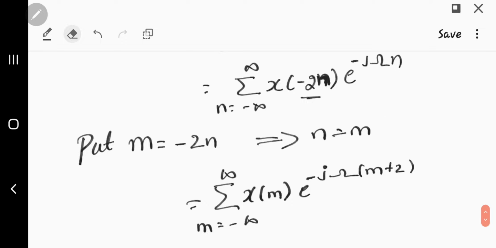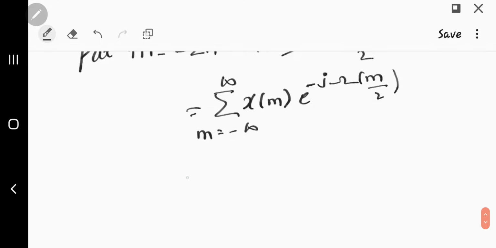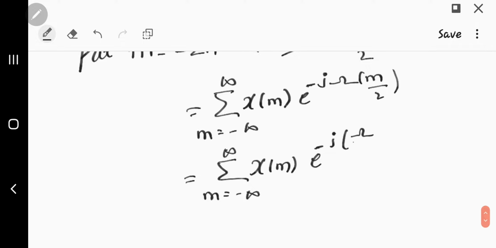Okay, m by 2, m divided by 2. Fine, m divided by 2. So for the convenience, I am going to write this m is equal to minus infinity to plus infinity x of m e to the power of minus j omega by 2 into m.